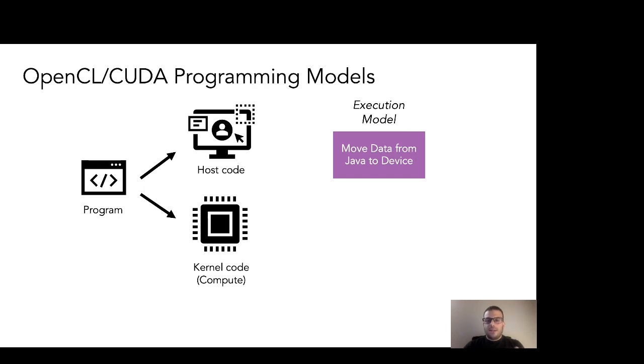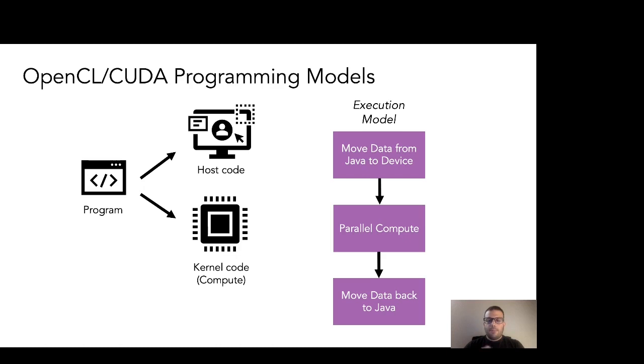So we move the data from our Java world to the device memory. These are the data that will be processed. The second one is the parallel computation, which is the actual computation of the data. And the final one is copying back the resulting data from the device memory back to Java.